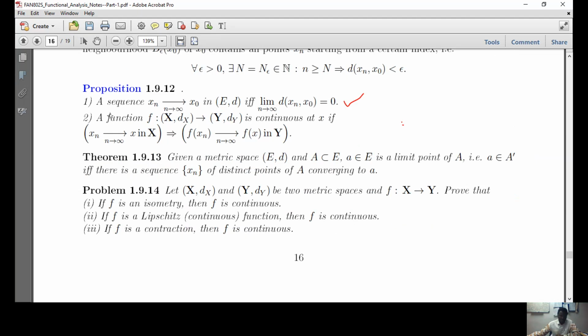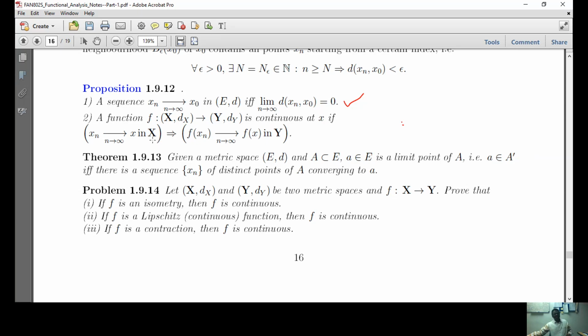Okay, now the second result is about continuity. If I have two metric spaces, X, Y, and I have a function defined from X to Y, I want to show that it's continuous. I just show sequential continuity.